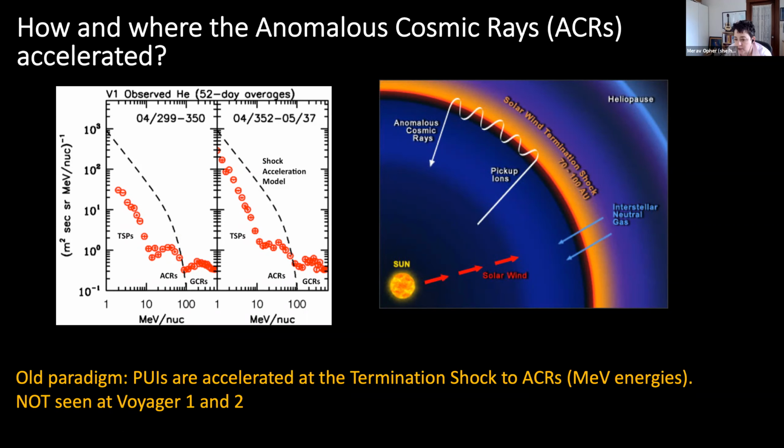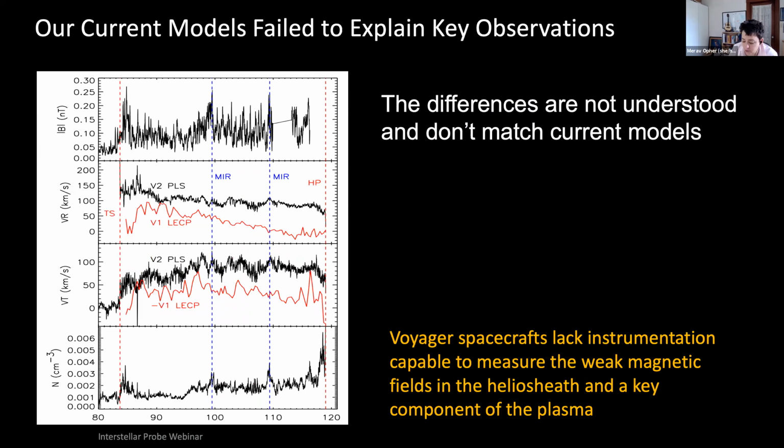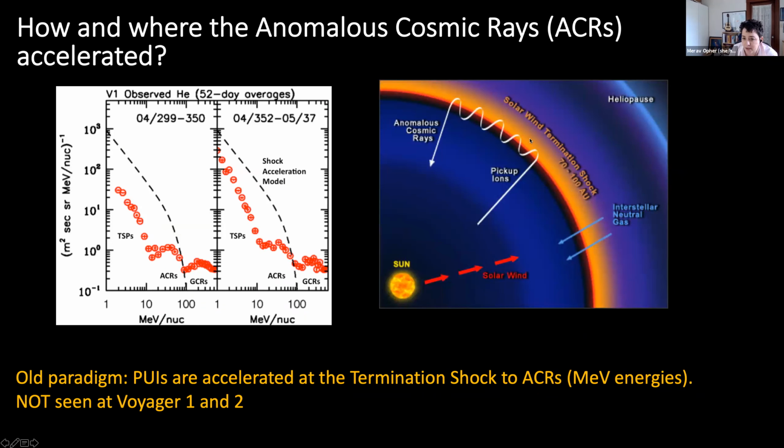The largest shock in the solar system is the termination shock. So you think that you should be able to predict how particles go through shocks, right? So if you look at the pickup ions that are energetic particles, they should be able to go through the termination shock and get somewhat accelerated because shocks accelerate particles.